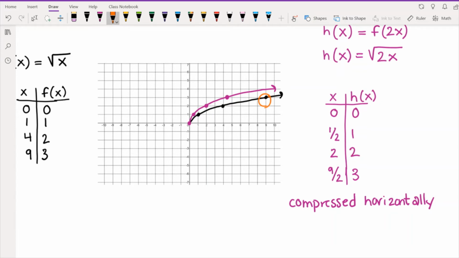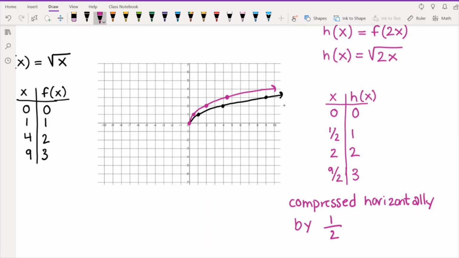The new point has an x coordinate of 9/2 and a y coordinate of 3. And so what's going on here is that all of the x coordinates are getting multiplied by 1/2. Right? If you compare, just like looking from one table to the next, the y coordinates are all the same. The x coordinates are all half of what they were in the original function.